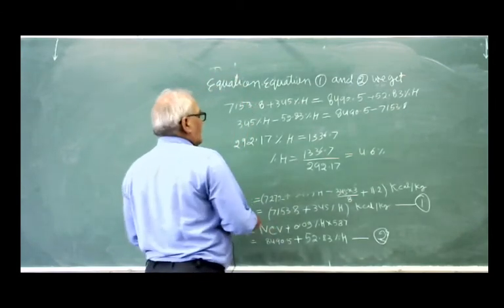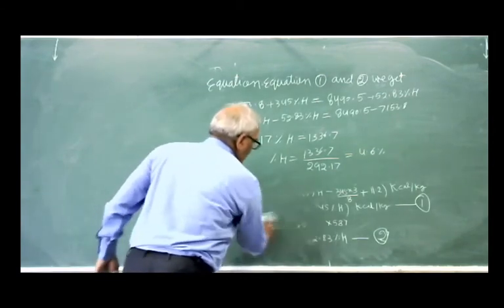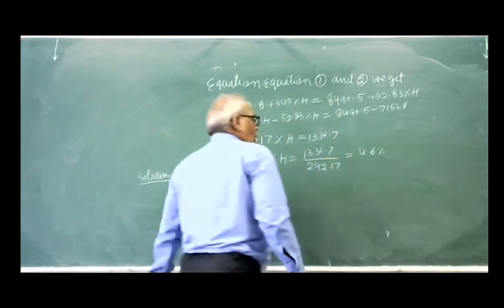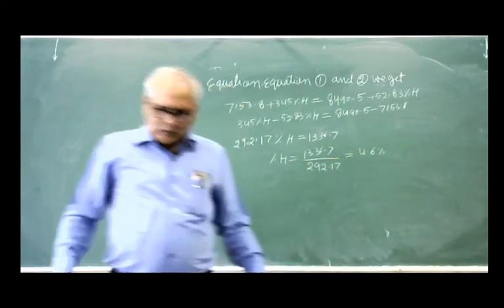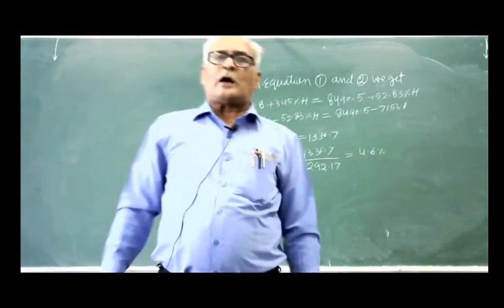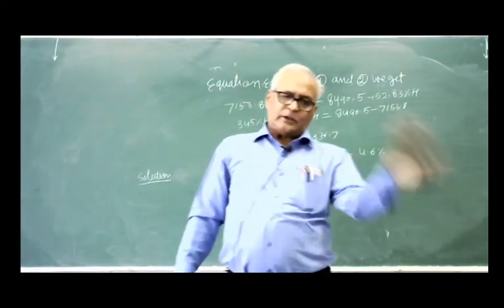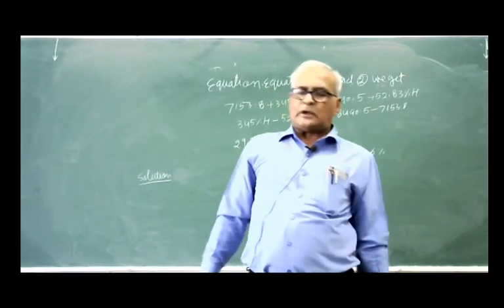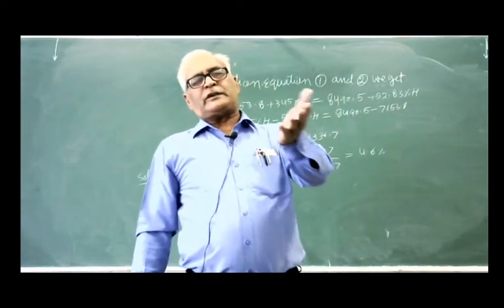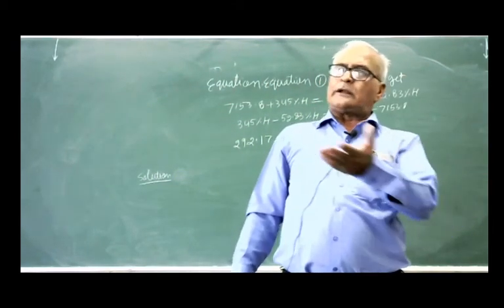So in this way, you can calculate the percentage of hydrogen in the given coal. There are so many types of questions, but the formula is same, and you can apply the Dulong formula and calculate the GCV, NCV, and percentage of hydrogen, because NCV equals GCV minus 0.09 into percentage of hydrogen into latent heat.